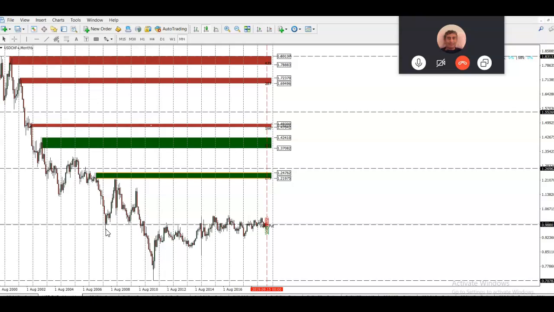So can you pinpoint it, or just tell me where to move my cursor, the area that actually took out that low? Which swing high to swing low was the area that caused this break of this low? You can see this one here took out this one, and this one here took out this low. So where is the swing high that took out this low?